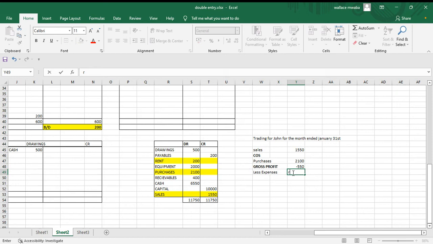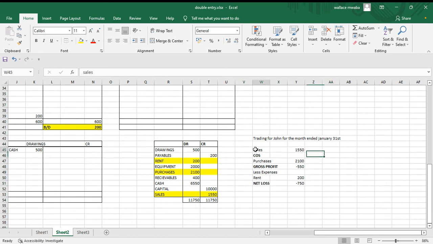Let's say rent 200. Now let's say the net loss. The net loss is 550 minus 200, negative 750. So that is the net loss. That's our income statement.